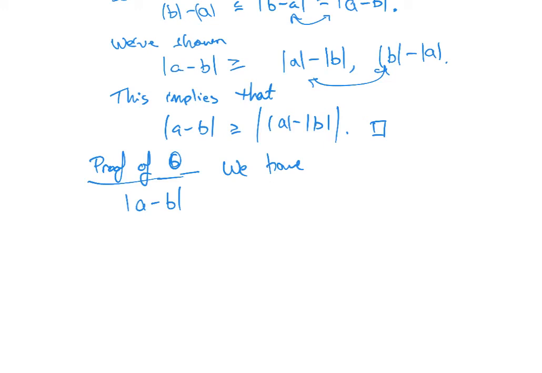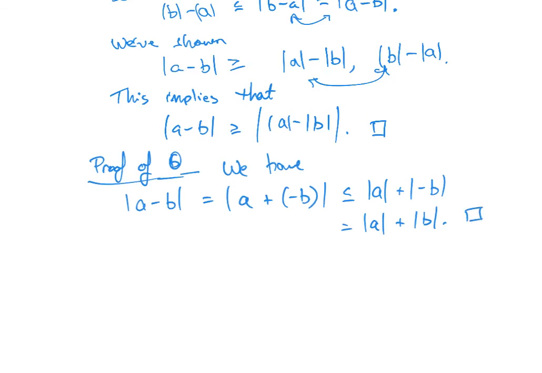The absolute value of A minus B, that is the absolute value of A plus a minus B, but the absolute value of minus B is the absolute value of B. So, yeah. Okay.